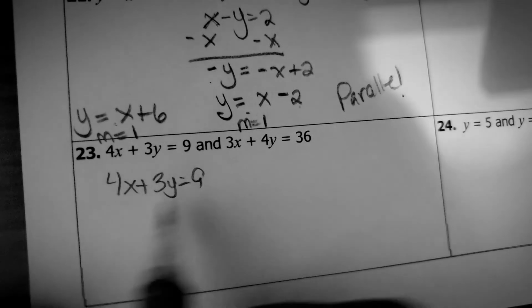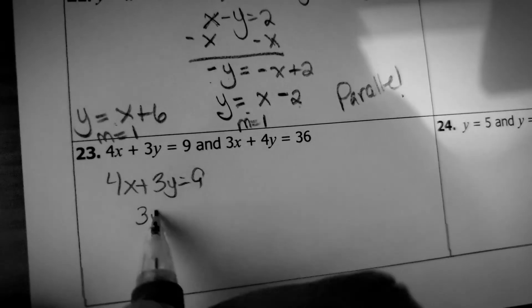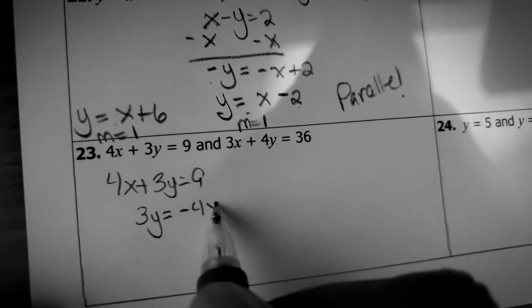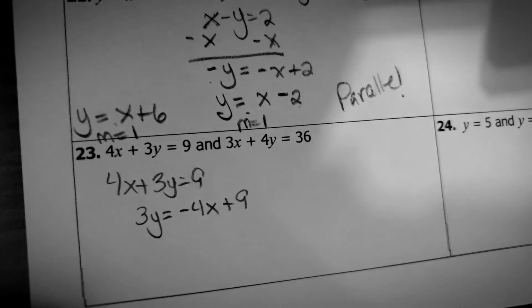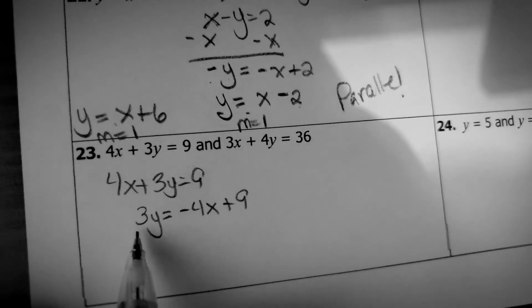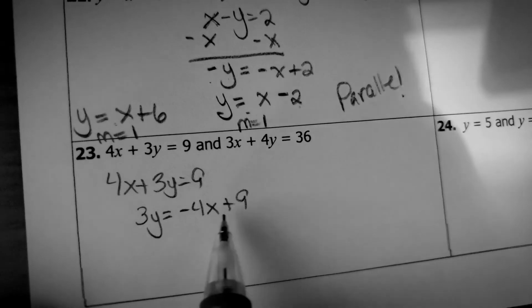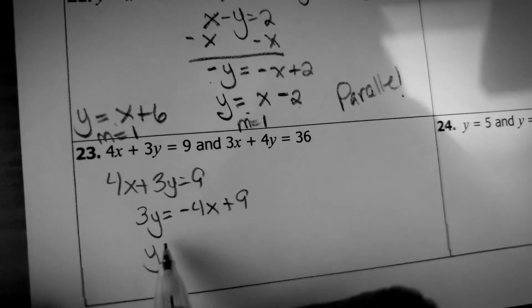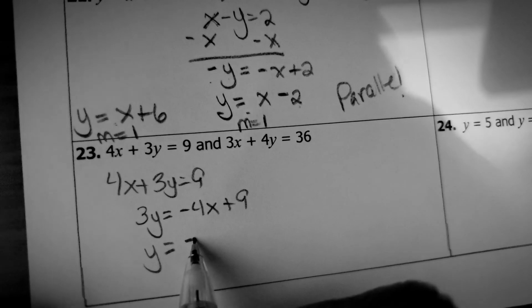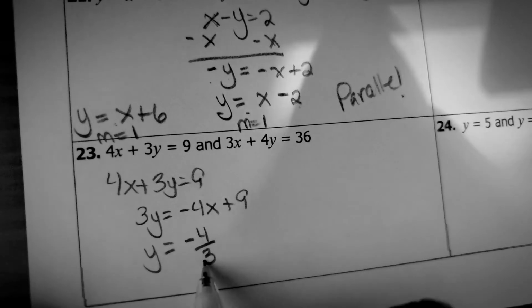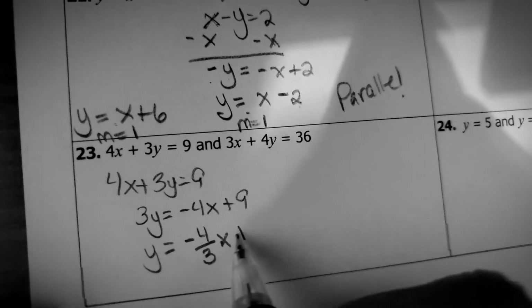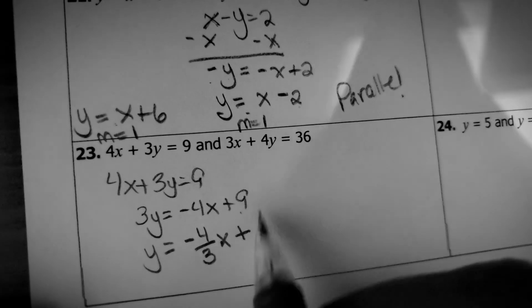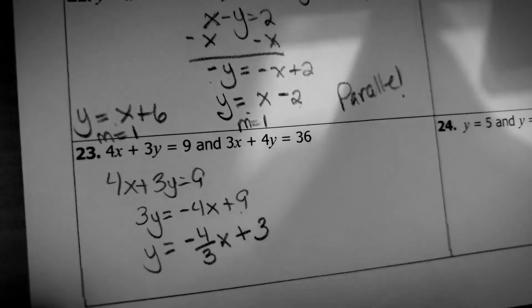So I'm going to move the x term over. So I have 3y is equal to negative 4x plus 9. And then to get y by itself, I need to divide out the 3. So I get y is equal to, I'm going to leave this as a fraction, negative 4 over 3 x plus, and then what's 9 divided by 3? 3.